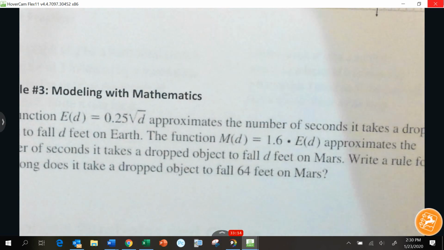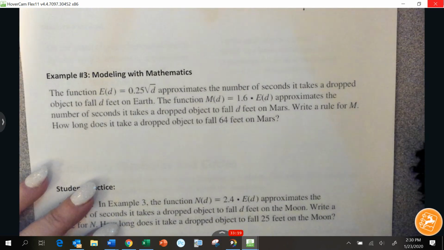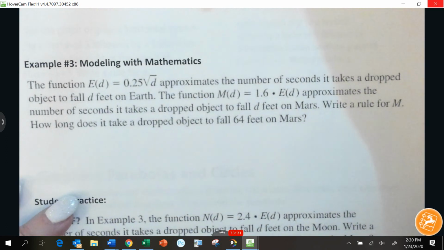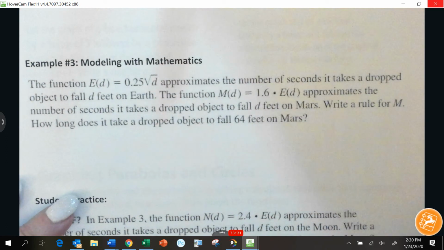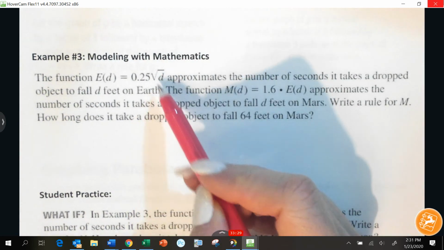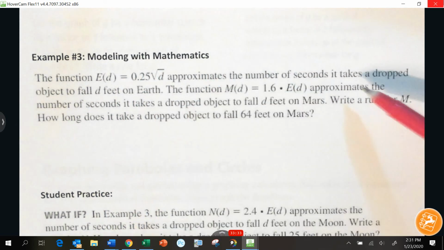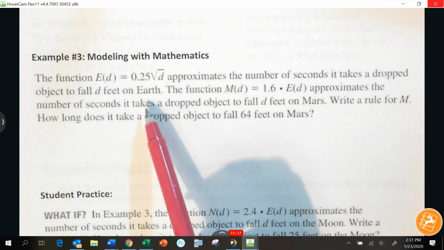We're just going to look at mathematics. This one is a function E of d equals 0.25 square root d. This function approximates the number of seconds it takes a dropped object on Earth.